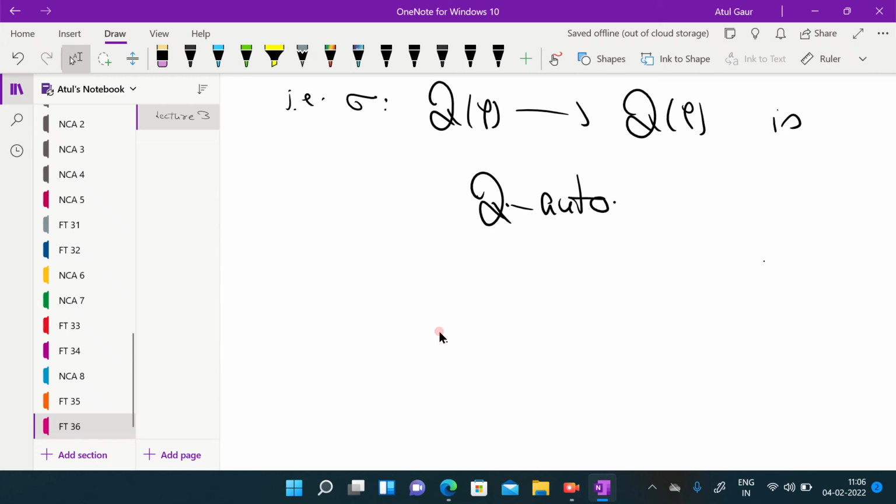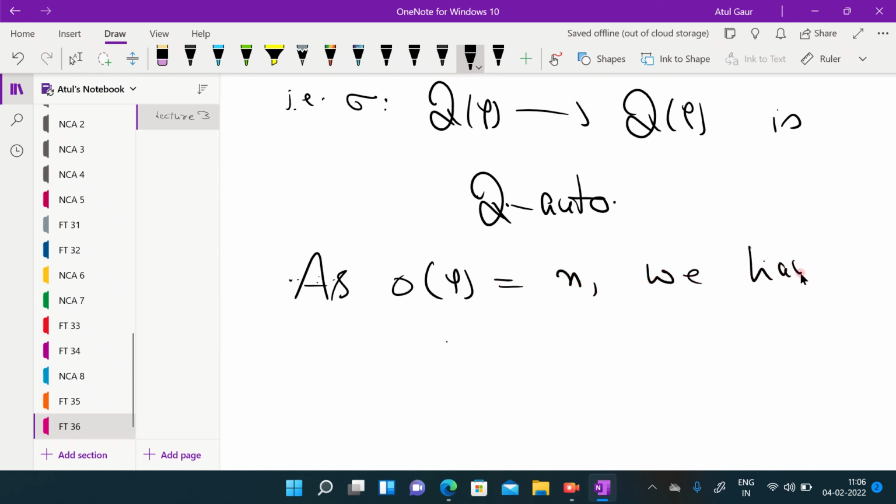Since it is an automorphism, it preserves the multiplicative order. Is that fine? You know this? Yes, sir. So that means, as the order of rho is n, we have the order of sigma rho is also n.